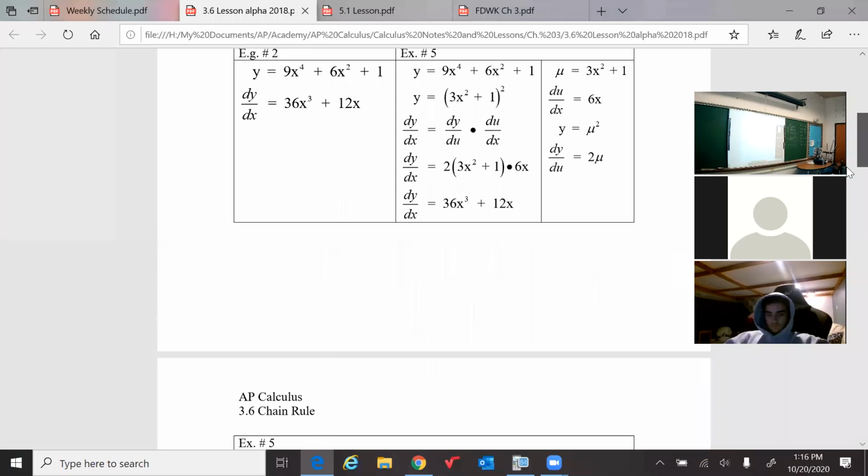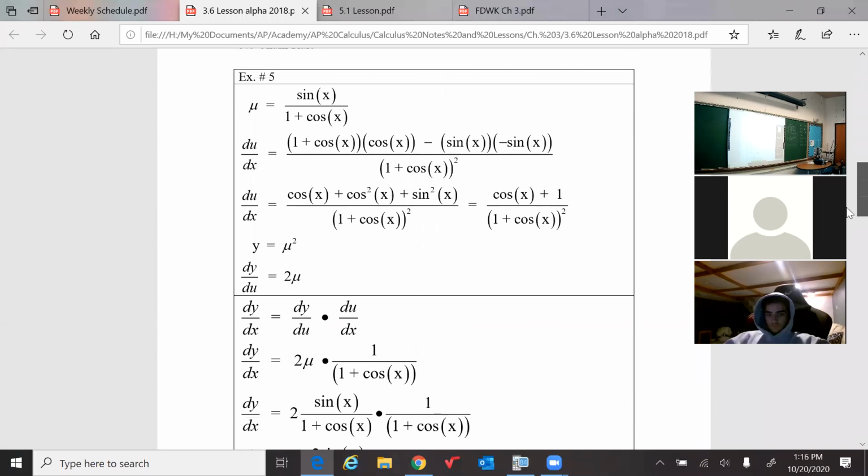Okay, so here's what we're looking at. The textbook gave you the prompt. We're telling you this is mu. Two things: quotient rule, derivatives of the trig functions. You take the denominator and you square it. You take the denominator and you paste it up here, times the derivative of the numerator, the derivative of sine is cosine.